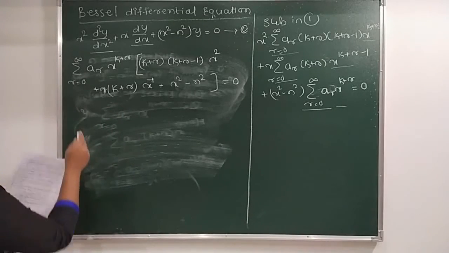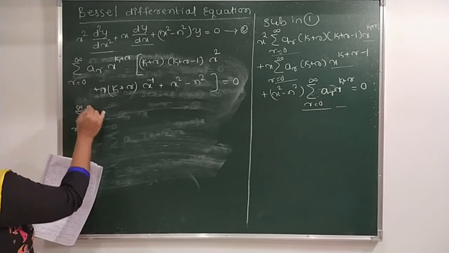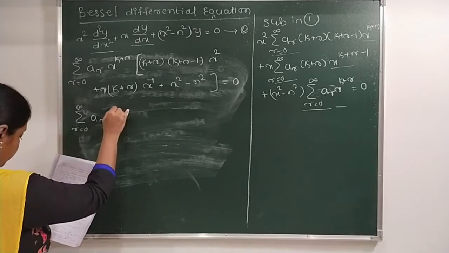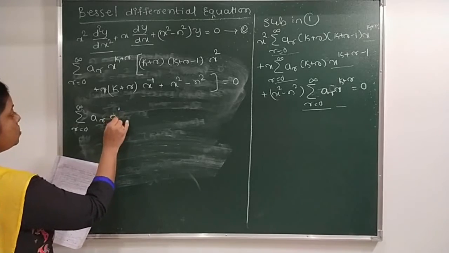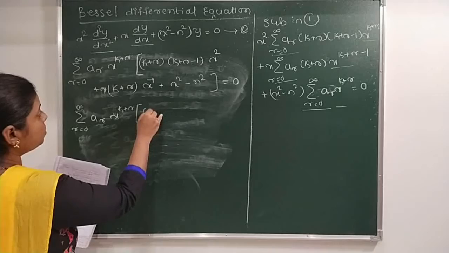Now after simplifying, you have to get summation of r is equal to 0 to infinity ar x raised to k plus r into k plus r.